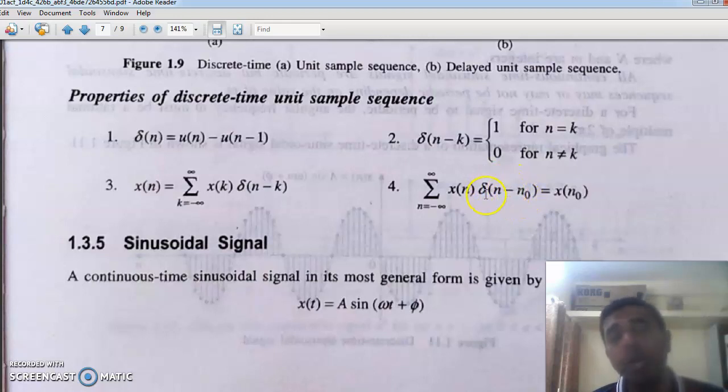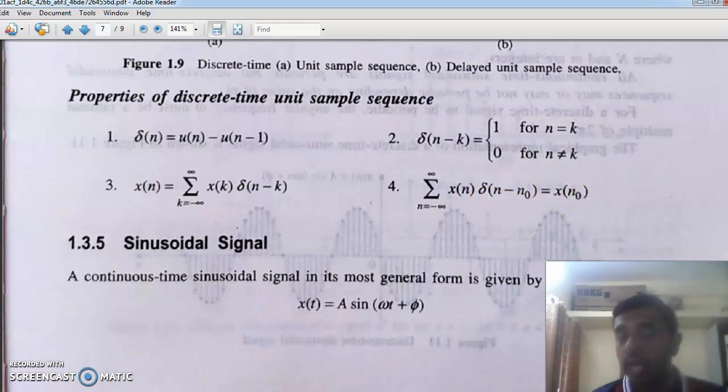All other values are 0. So what happens when I multiply x of n with delta of n minus n naught? I'll get x of n naught, because all other products are 0. There is only one product which has a value, and that is x of n naught, because this function has a value only at n equal to n naught.